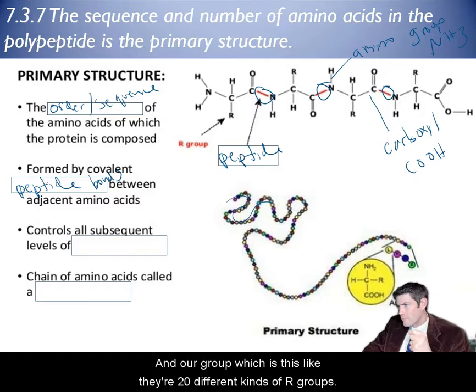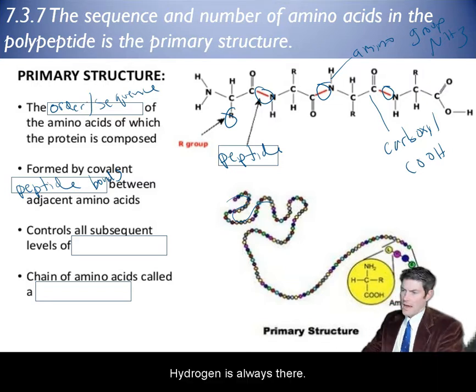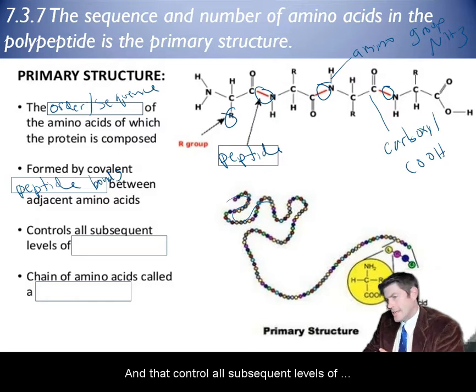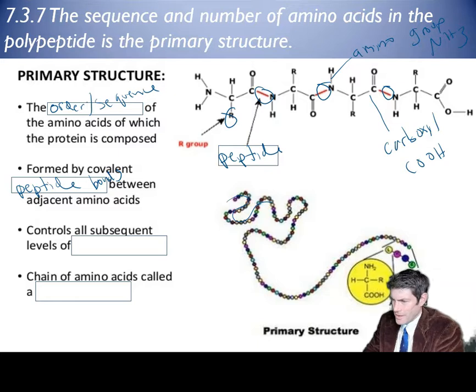And the R group, which is right there, 20 different kinds of R groups. And that hydrogen is always there. And that R group controls all subsequent levels of structure, those secondary, tertiary, quaternary.